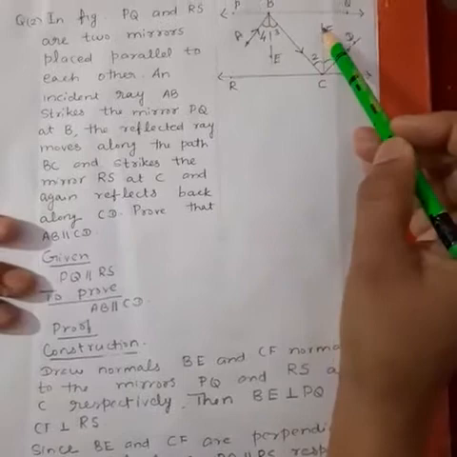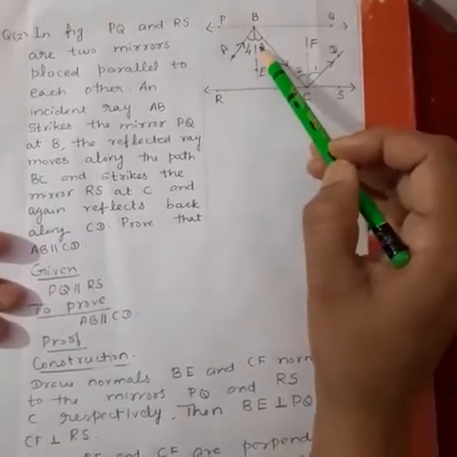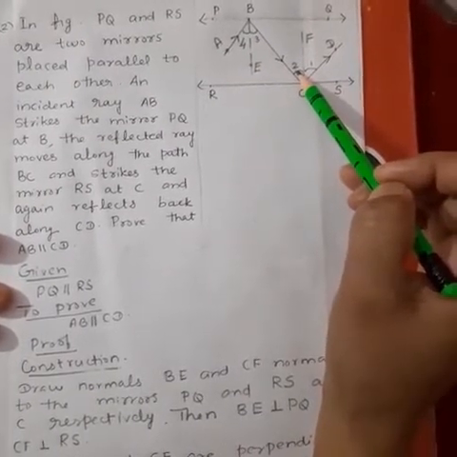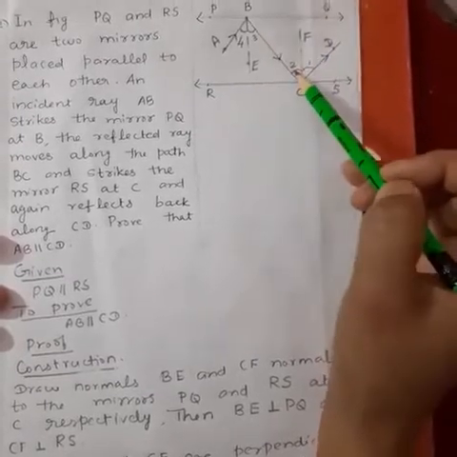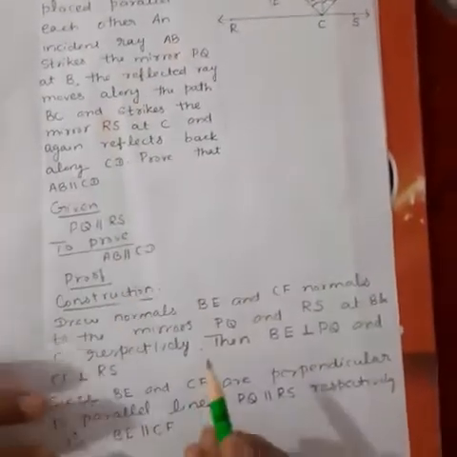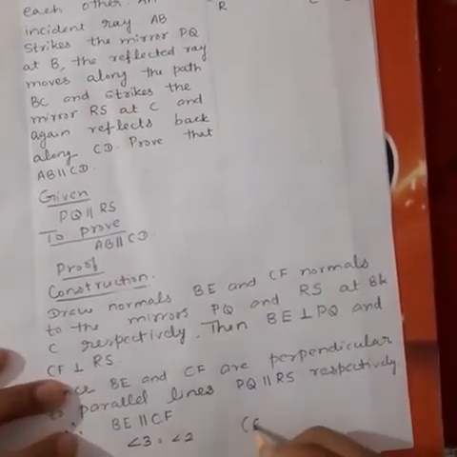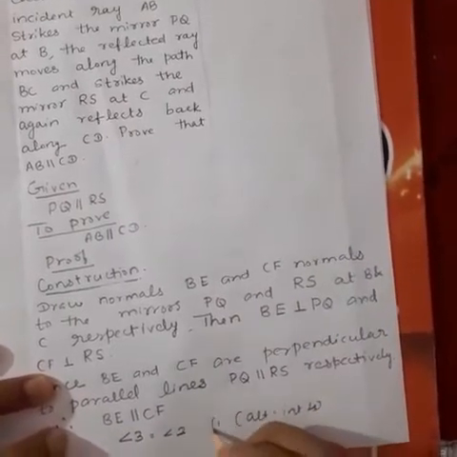Since BE is parallel to CF and BC is the transversal, angles 3 and 2 form a pair of alternate interior angles. So they are equal since these two lines are parallel. So we can write angle 3 is equal to angle 2, reason: alternate interior angles, equation 1.